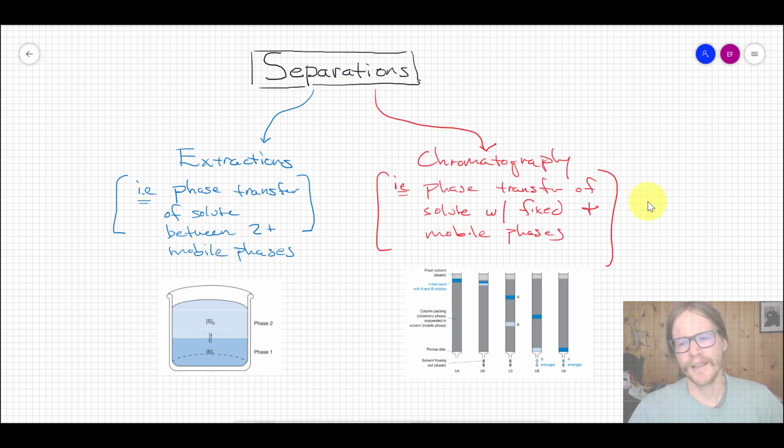Chromatography is slightly different in that it's phase transfer, but typically it's transfer between a solid, what we call stationary phase, and a liquid mobile phase. And so instead of two mobile phases, we have something that's not moving, which interacts chemically or physically with our analytes and our matrix, and then something that's carrying that through that stationary system. And so if you've taken, again, an organic chemistry lab course, then many of you have run what's called column chromatography or thin layer chromatography.